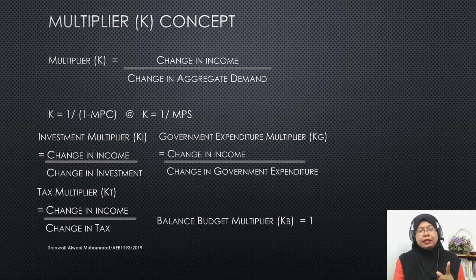For the government multiplier, we divide change in income by change in government expenditure. For the tax multiplier, same thing: we divide change in income by change in tax.